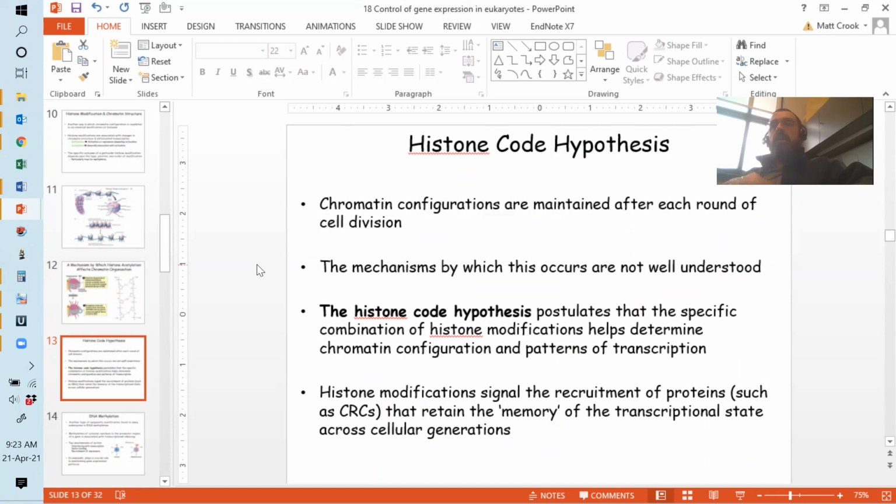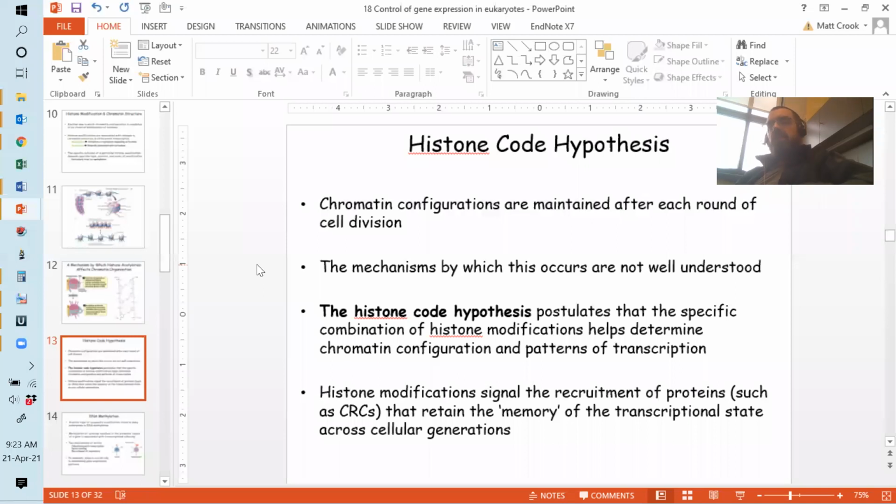And so basically, these tags are maintained, right? So even though in each cell you only inherit 50% of the old histones, somehow those new histones which are made must be programmed the way they were in the mother cell. And how that's done is actually very complex and poorly understood, right?